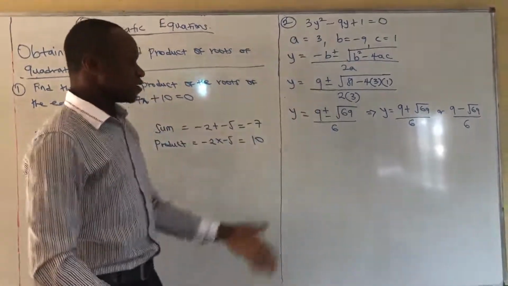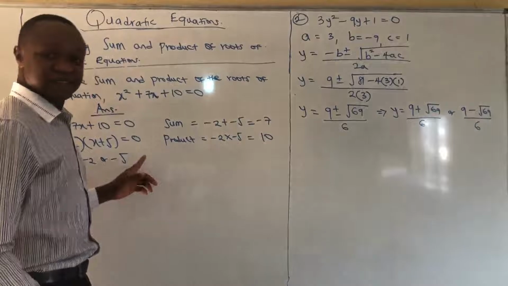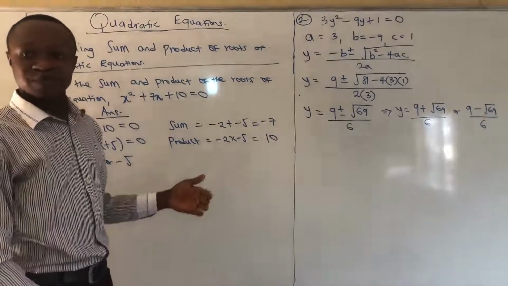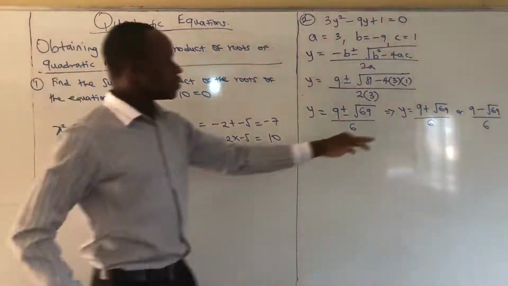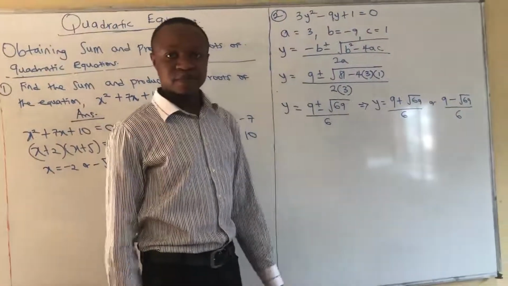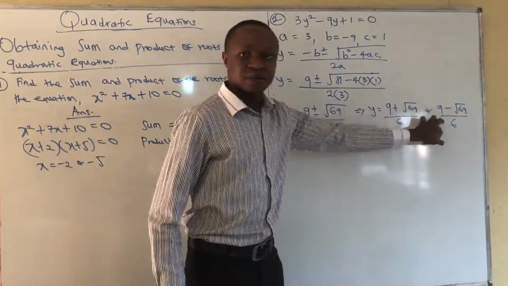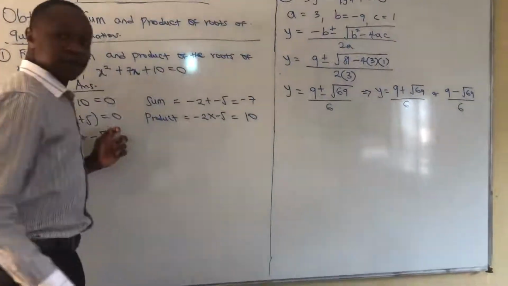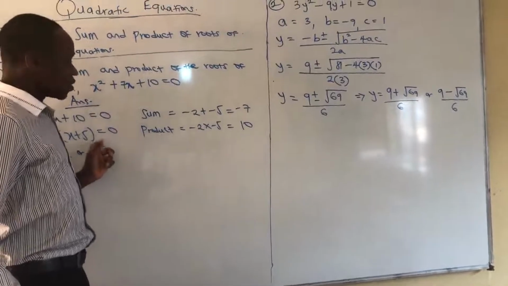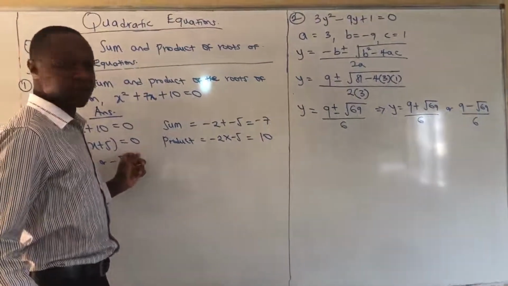You notice they are not just simple numbers. They are not just 1, 2, minus 2, minus 5, 7, 1 over 2. These are real roots, please, but not simple roots. They are not as simple as we had in number 1.